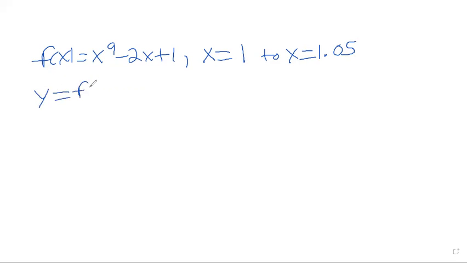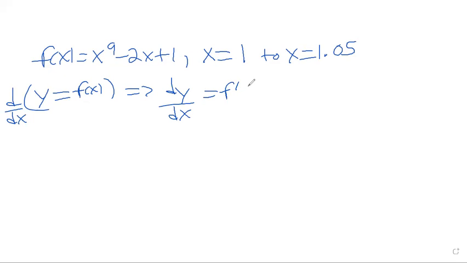So to figure out the change, we know y is equal to f of x. If I take the derivative with respect to x, it gives me dy/dx equals f prime of x. Since I want the change in the function's value from when x is 1 to 1.05, that means finding the change in y.